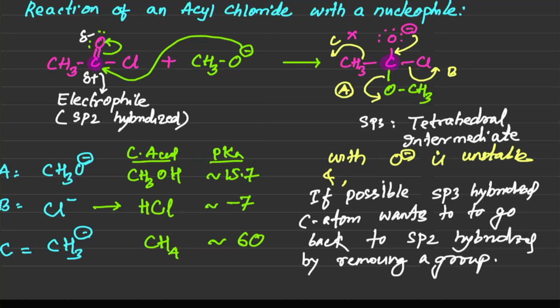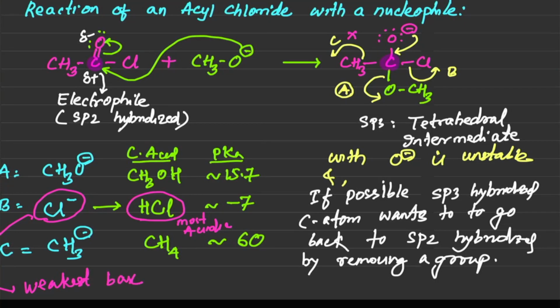So it turns out, which one is the most acidic? HCl is the most acidic out of these. So if something is most acidic, the corresponding base would be the weakest base. So this one is our weakest base. So weakest base means better leaving group.